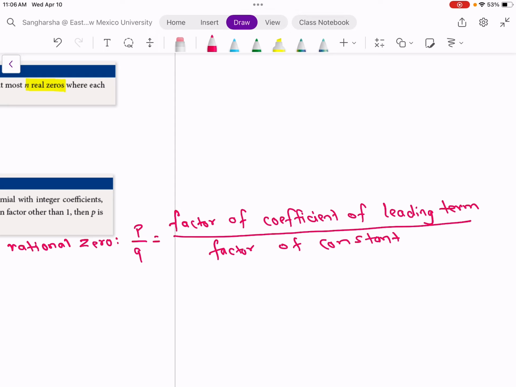We can always find a real zero in the rational zeros. It gives us a limited, finite set of options, and from that we can find the real zero for the function. And the rational zero is always the factor of the coefficient of the leading term divided by the factor of the constant.